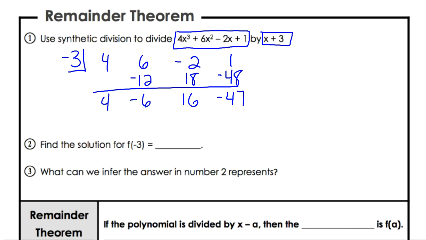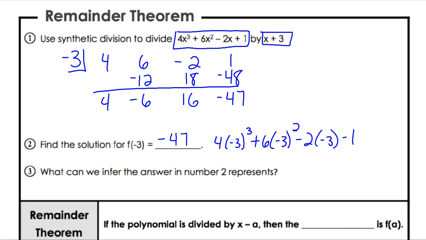So if I take that -3 and I plug it in up above for x, so in other words, if I substitute it in to our polynomial, when I do that math out, what ends up happening is that I also get -47.